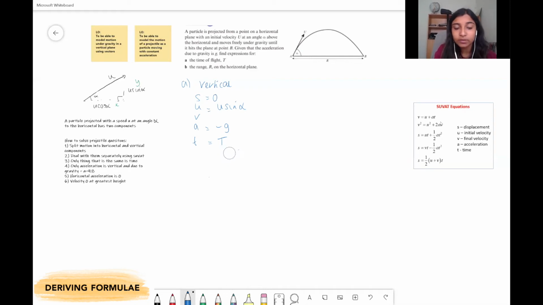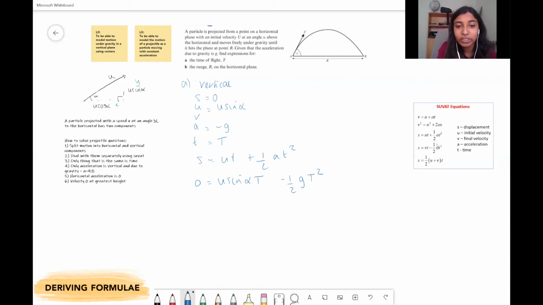So we want to use one of our SUVAT equations that doesn't involve v. That could be s equals ut plus half at squared. So we say s equals ut plus half at squared. So our 0 is just equal to u sine alpha times t plus minus a half g times t squared.